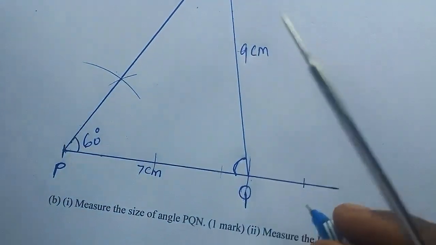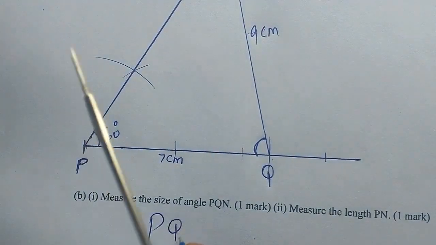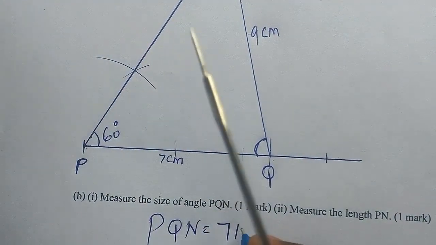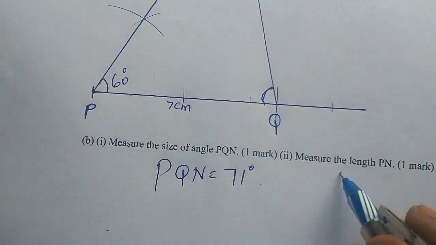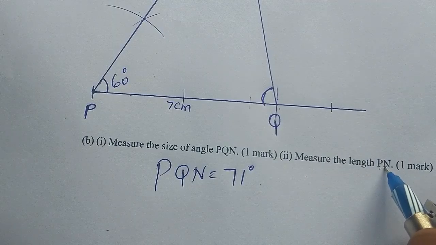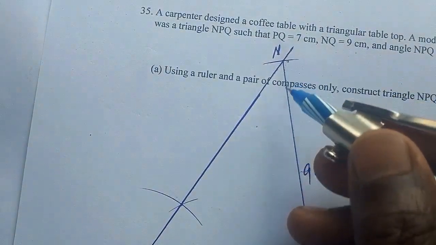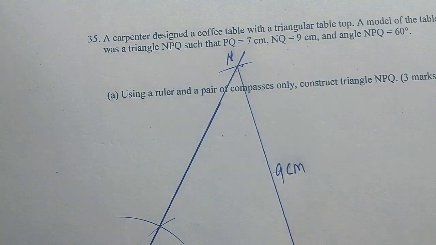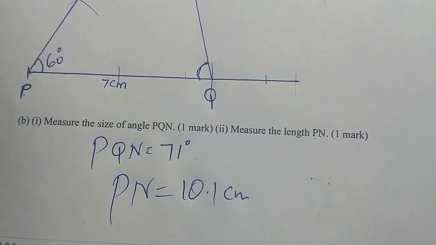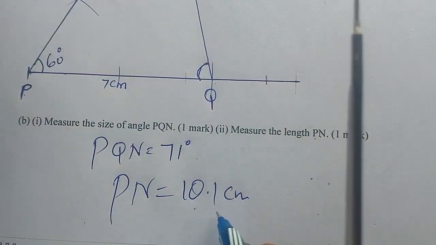So angle PQN is 71 degrees. Measuring PN, measure that. So PN is equal to 10.1 centimeters.